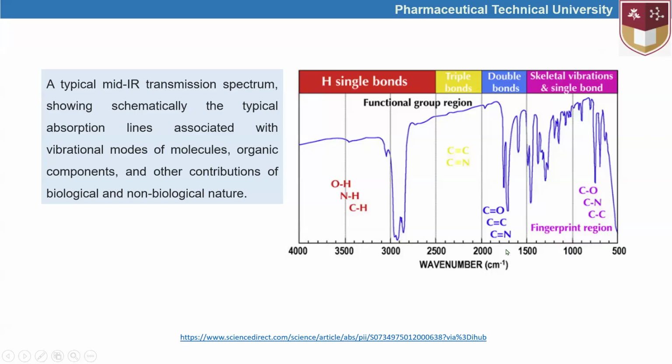If the absorbance is located from 2000 to 1500 reciprocal centimeter, then highly probably we have carbon-oxygen double bonds, carbon-carbon double bonds, carbon-nitrogen double bonds.